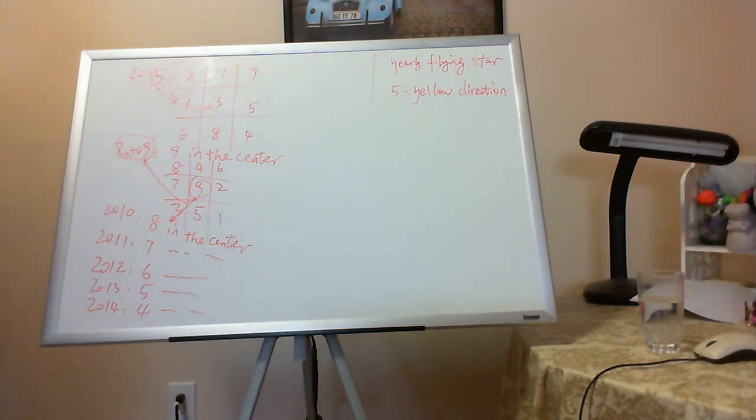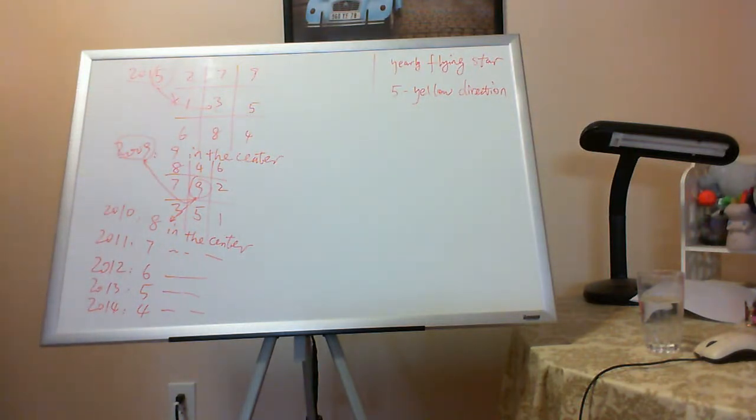So what is the use of this map? You would see on the internet, at the beginning of every year, lots of feng shui consultants will show up and do some forecast of the year, like for 2015.